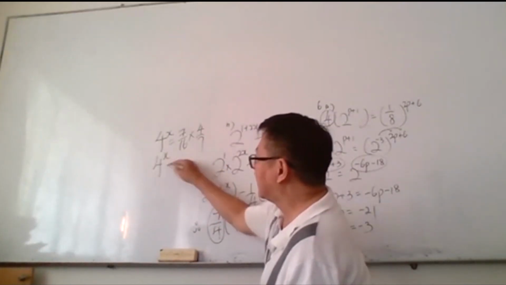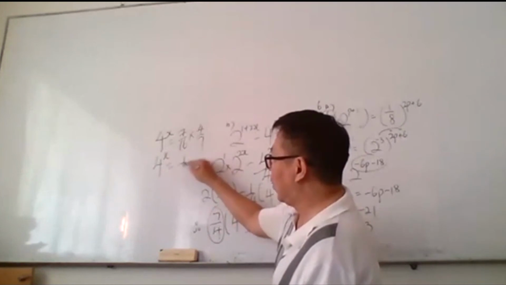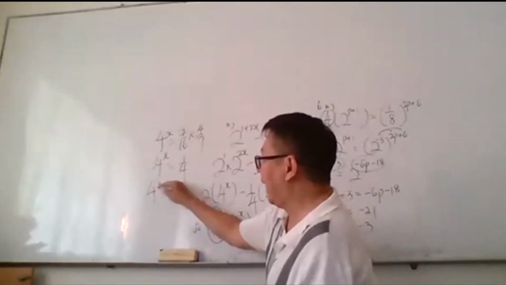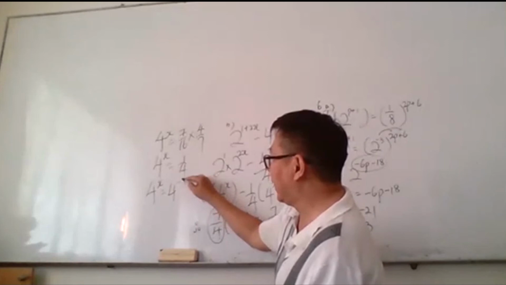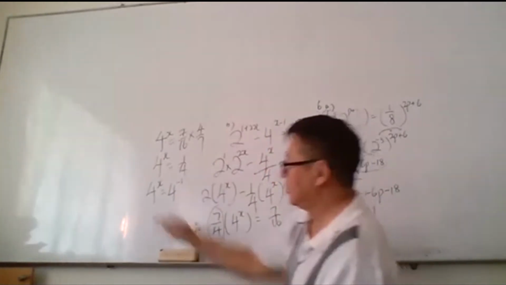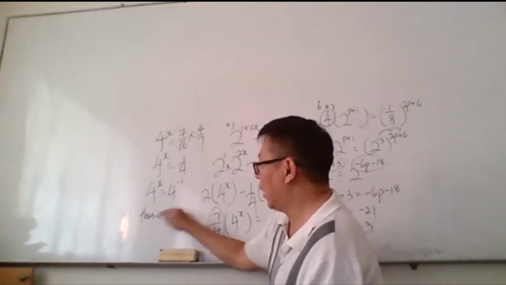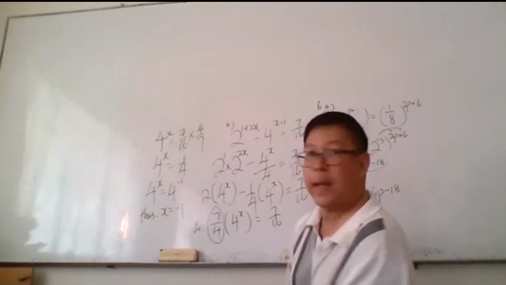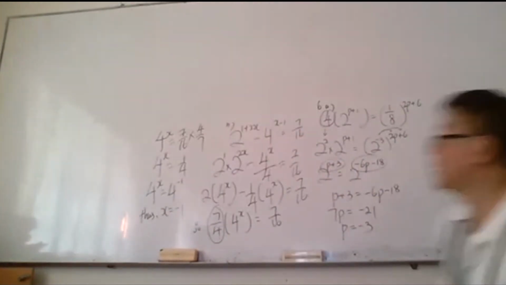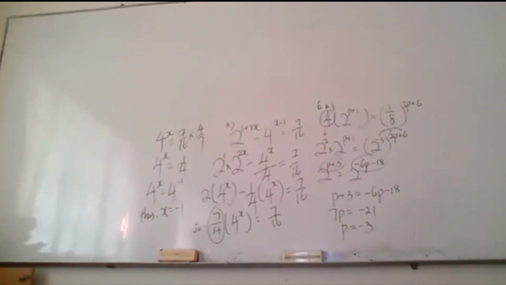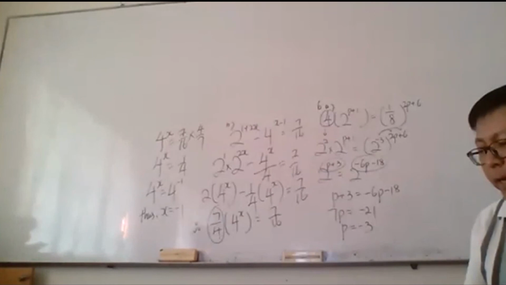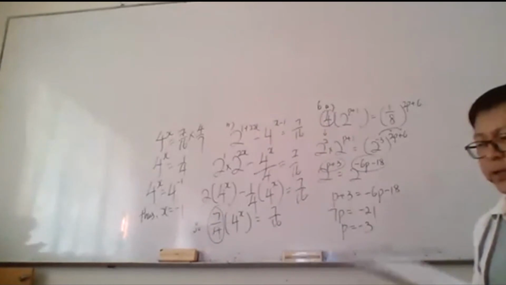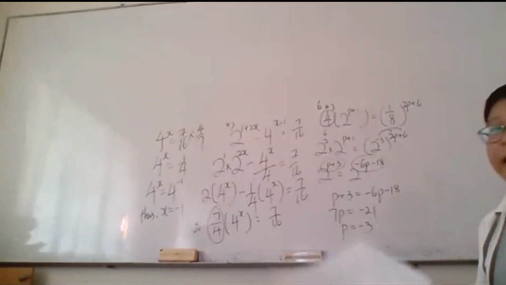After eliminating, you get 1 over 4, and 4 to the x will be 4 to the negative 1. So lastly, your answer for x will be negative 1. Okay, can you please jot down the answer for A and B so that I will proceed to the solution for your C and D.